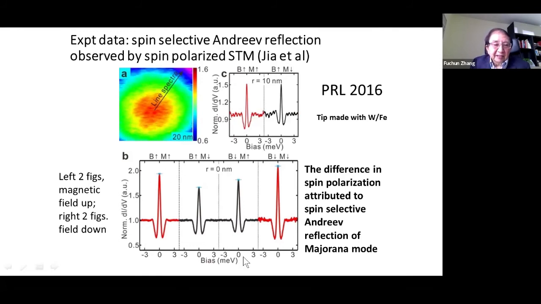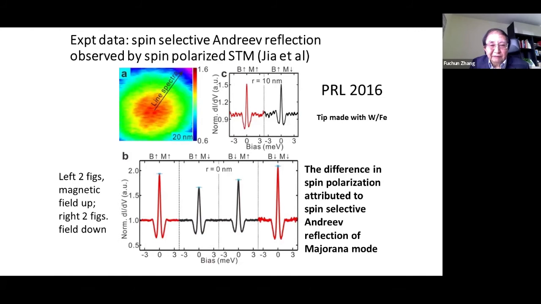And the lower panel is most important. And the left two figures in this panel tell you about the magnetic field up case, okay. When the tip you use in the STM, the polarization is parallel to the magnetic field, you get a much larger signal, the red one, okay, than the black one.